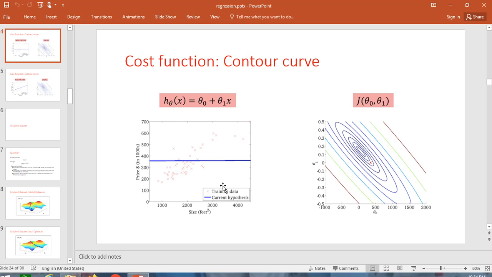Okay, we can understand qualitatively that this line is not a good idea, but we want to make the computer understand this too.